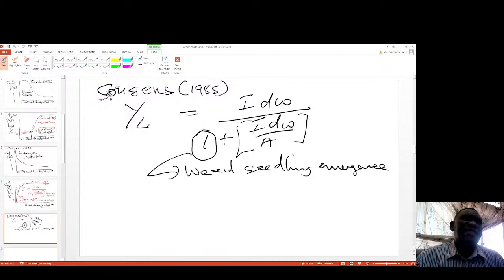What it means is that weeds which can emerge before the crop will affect this prediction. This equation will not work well. So it has to take into account the weed seedling emergence factor. So he had to modify this equation like this.